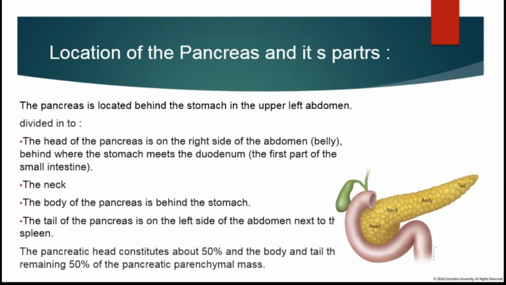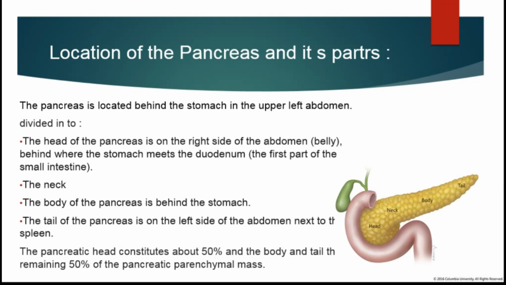Okay, now the location of the pancreas. We say the pancreas is located behind the stomach, in the upper part of the abdomen. It has four parts: the head, which lies on the right side of the abdomen, behind where the stomach meets the duodenum.